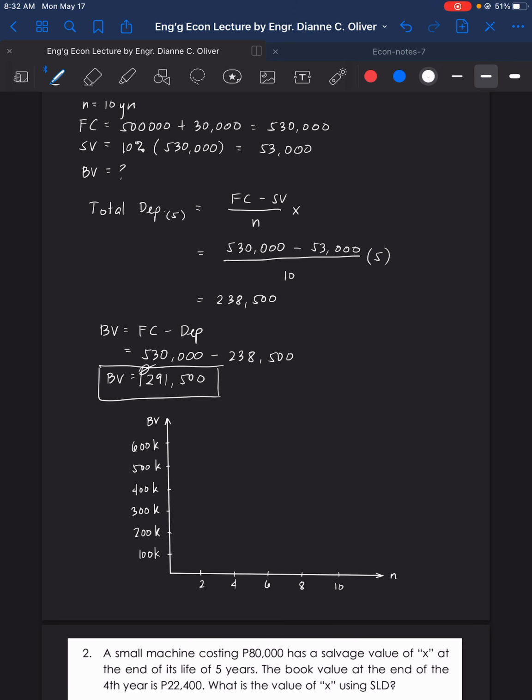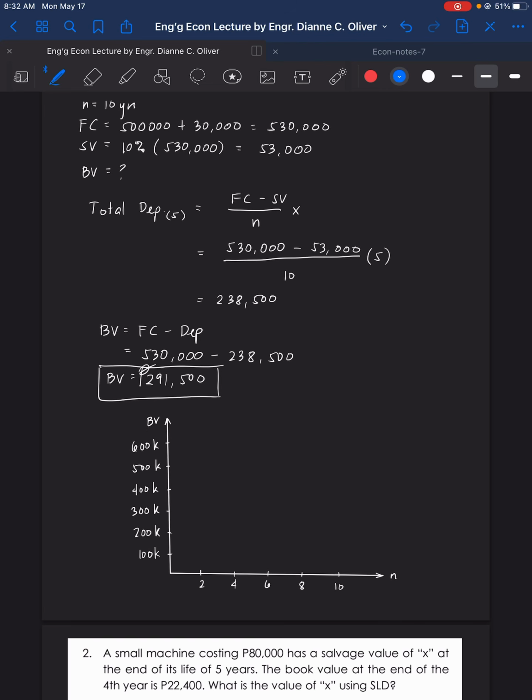So it says here that in 5 years, the total accumulated depreciation is 238,500. Now, why is it called straight line method? Let's graph to see why this is called the straight line method.